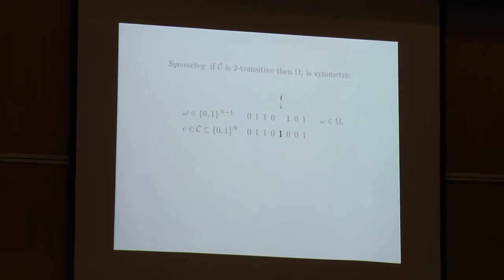And for the rest, I still want to show that the rest is symmetric. Hence the two-transitivity of the code will give me the one-transitivity of the set omega i, because I just need to fix the position i in the permutation, and for the rest, maybe I want to map this to this here. And that's my symmetry. So it's symmetric.